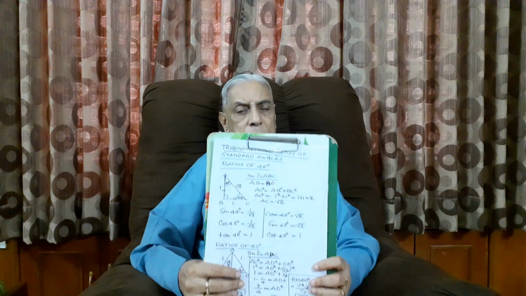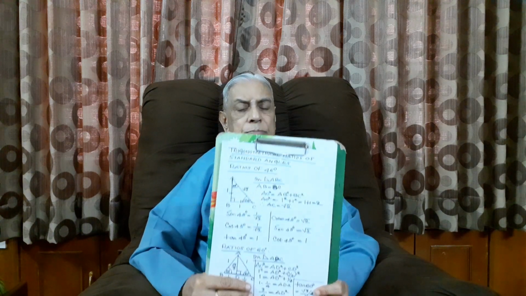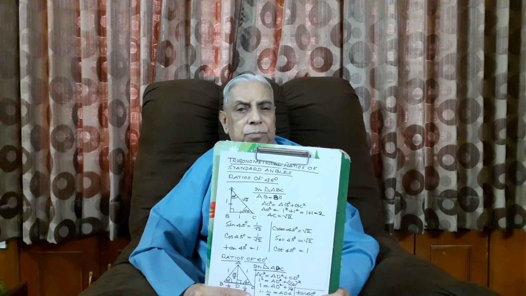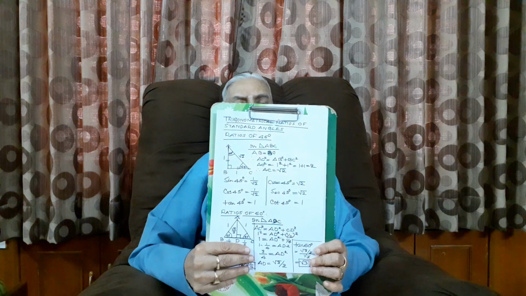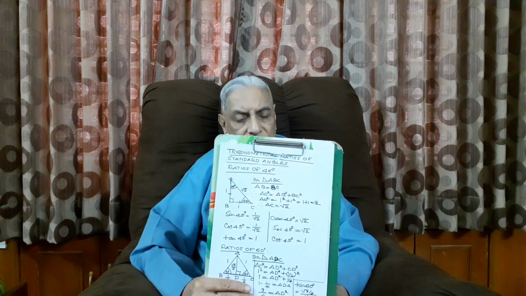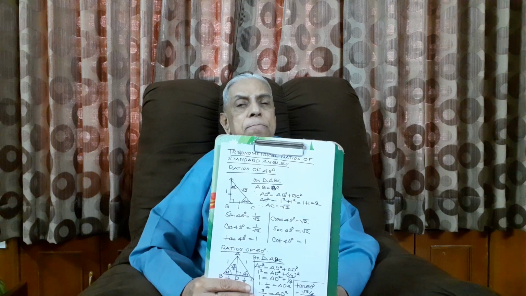Now, when we consider the standard angle 45 degrees, I am considering a right angle triangle ABC. Angle B is 90, and angle C and angle A are acute angles.